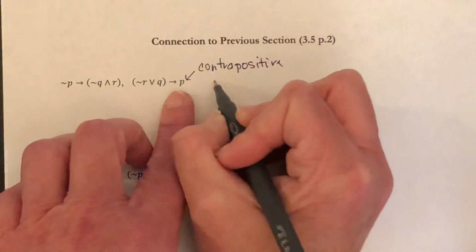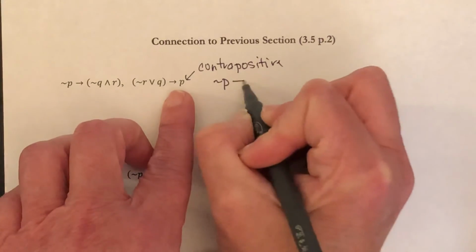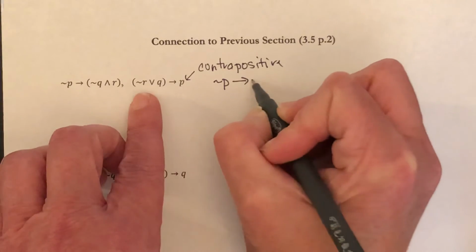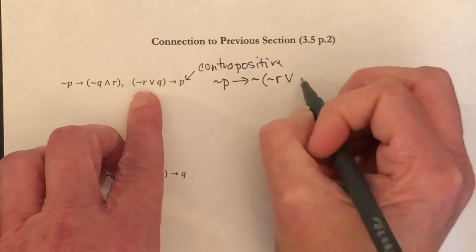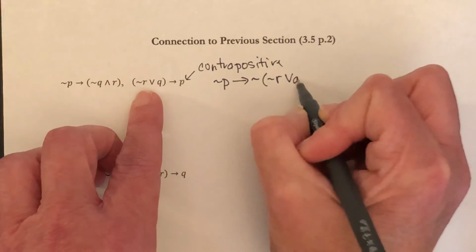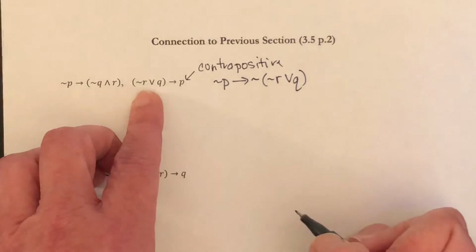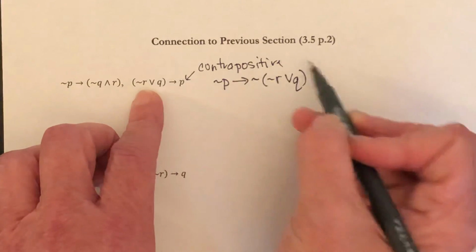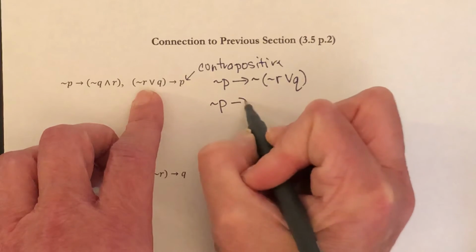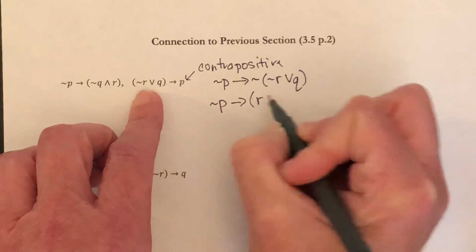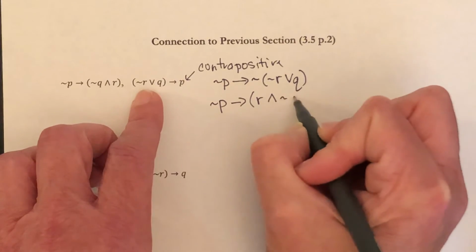So if I did that, this becomes: if not P, then not (R or Q)... now right here, we have De Morgan's rule. So if not P, then R and not Q.